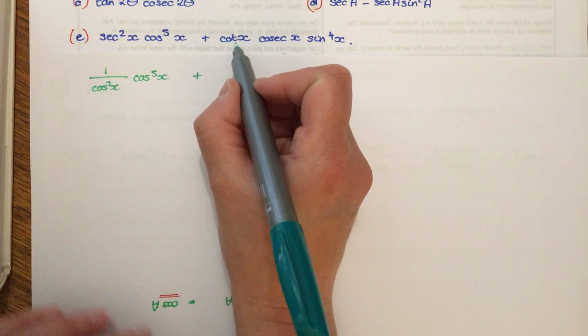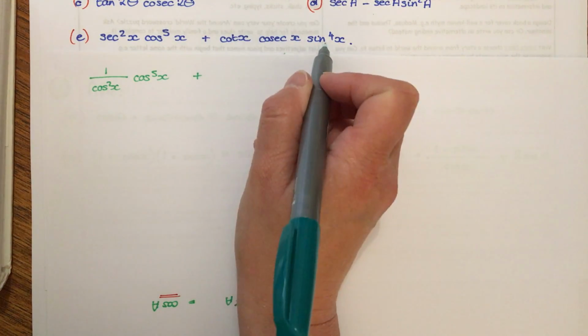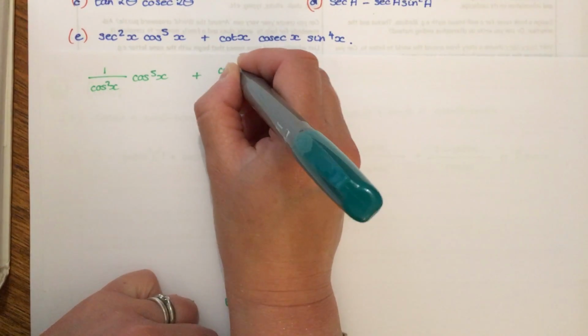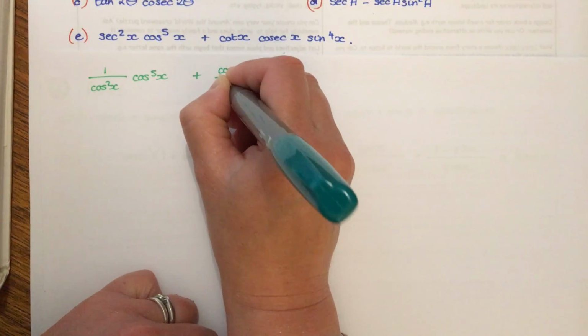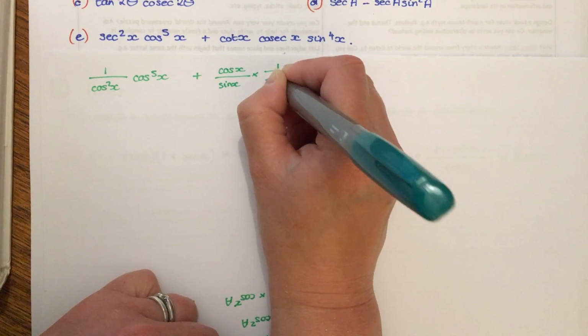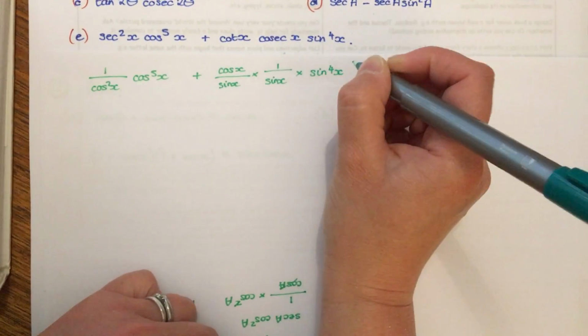Cot could be 1 over tan, or it could be cos over sine. I'm going to use cos over sine because I've got a sine here, and I've also got a cosec here. So that's cos x over sine x times cosec, which is 1 over sine x, times sine to the power of 4x.